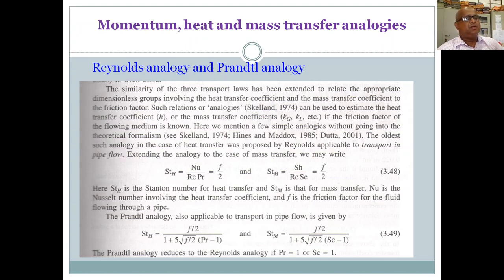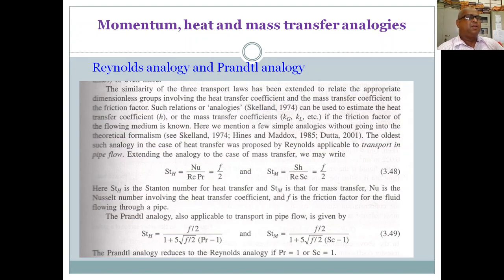Three scientists worked on this: Reynolds, Prandtl, and Kármán. Already you have learned this. Reynolds number, you understand what is important in heat transfer, mass transfer, and fluid dynamics. It is a very important number, and this was developed by Reynolds.